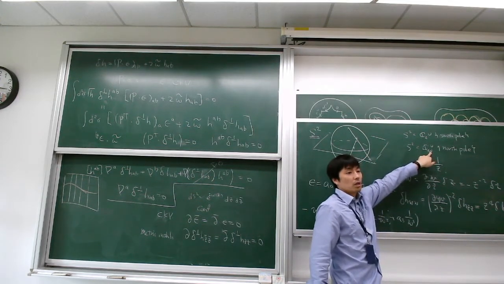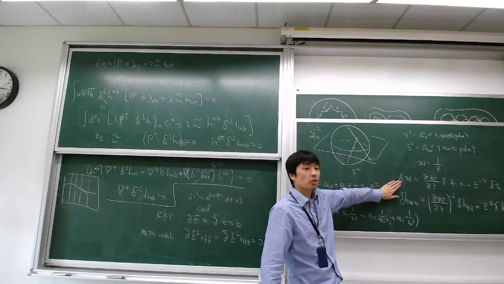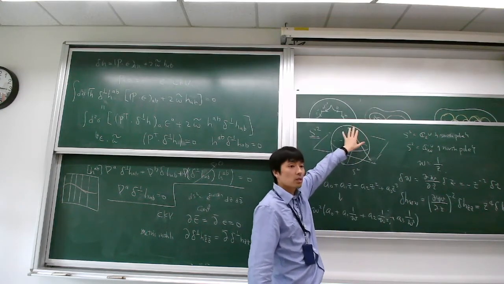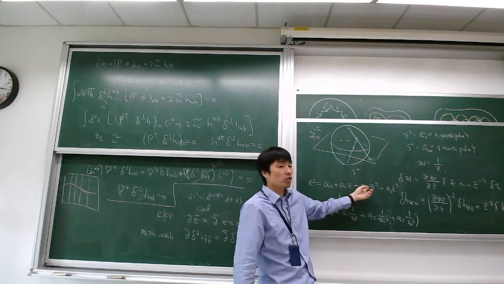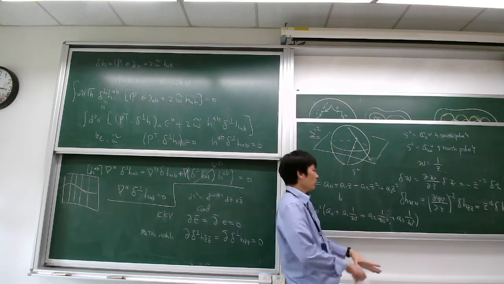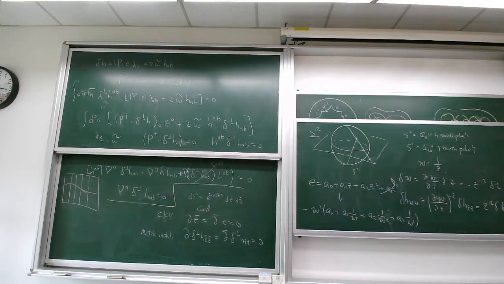Do you understand? So therefore, you cannot include it as a conformal transformation for the sphere, a conformal Killing vector. So conformal Killing vectors only have 3 moduli, but you cannot include this one.